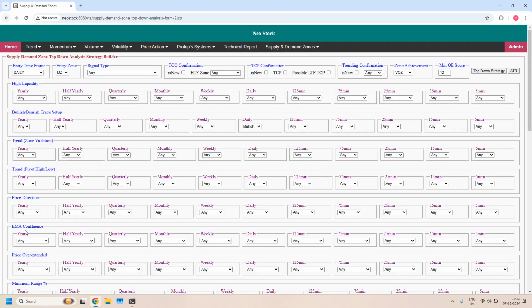For that we have to use the EMA confluence parameter. In this parameter at the weekly time frame, I am enabling the filter weekly demand zone having weekly EMA confluence, because the daily zone is part of the weekly zone. So we are using the weekly zone with weekly EMA confluence, and the trend is also uptrend in all the stocks.